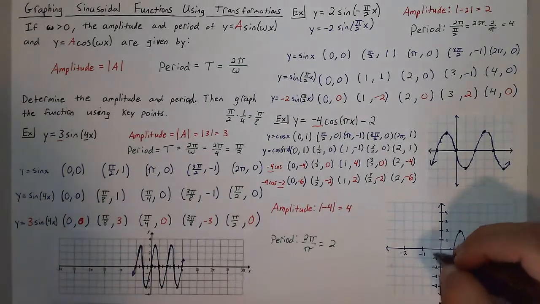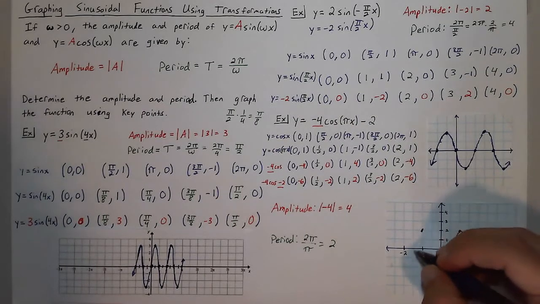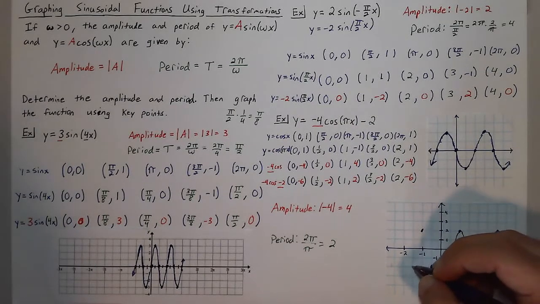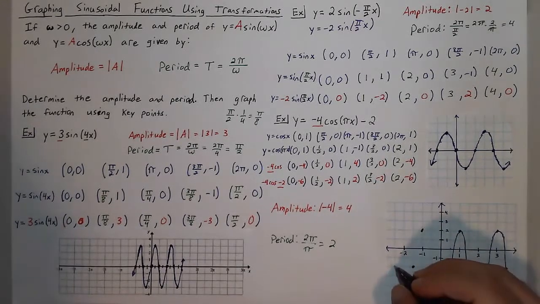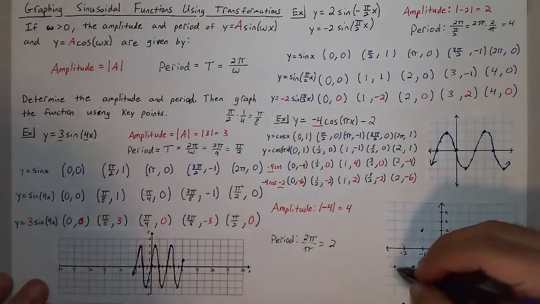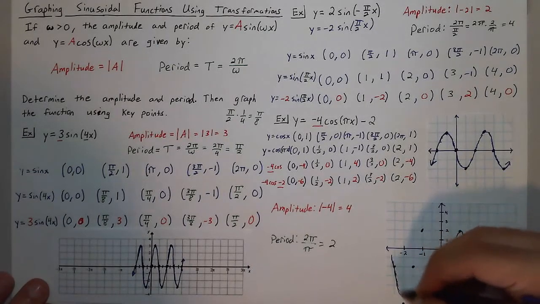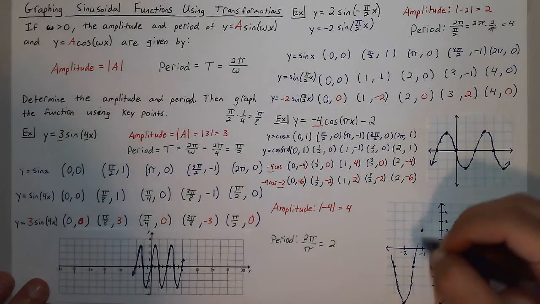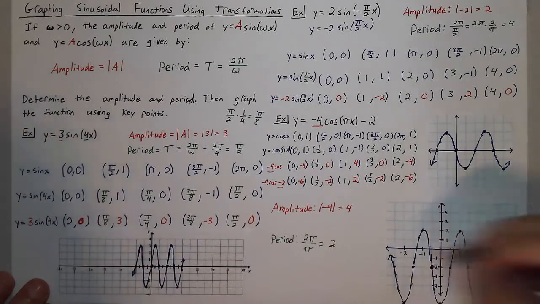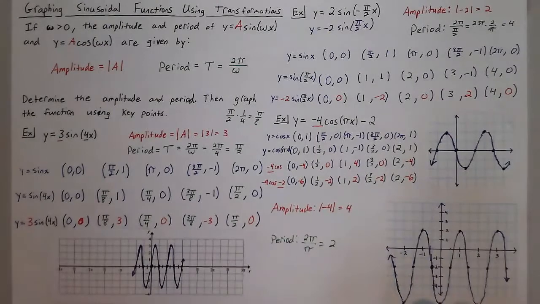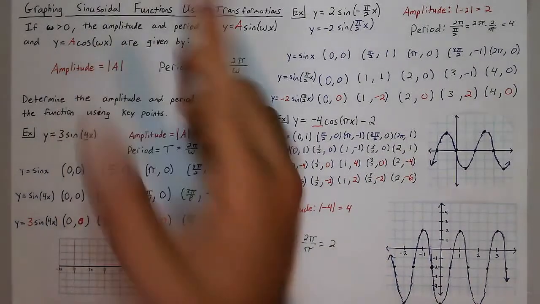I can see here at negative 1/2, it should be at negative 2. At negative 1, it should be 2. At negative 3/2, it would be negative 2. Then at negative 2 would be down to negative 6. And then negative 2 again. And I can create the same sort of pattern. And that is the graph of y equals negative 4 cosine of pi x minus 2. And this is how you graph sinusoidal functions using transformations.